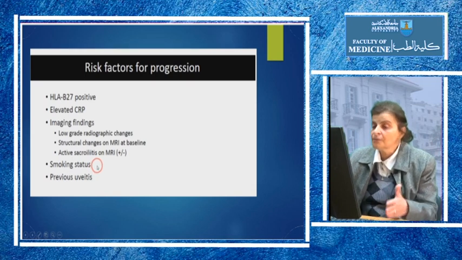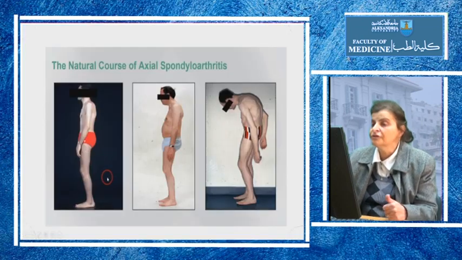If the patient is a smoker, it's a very important risk factor for progression, as well as an extra-articular manifestation, which is uveitis, and it may even be previous uveitis.